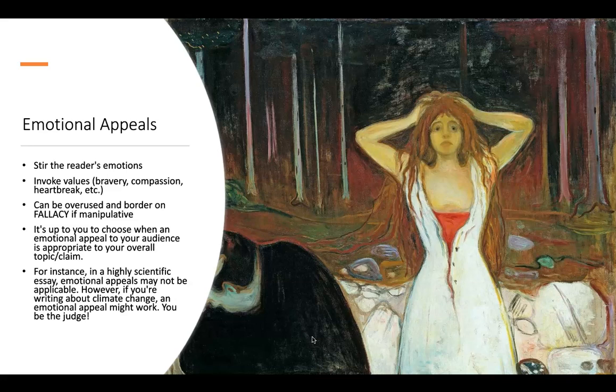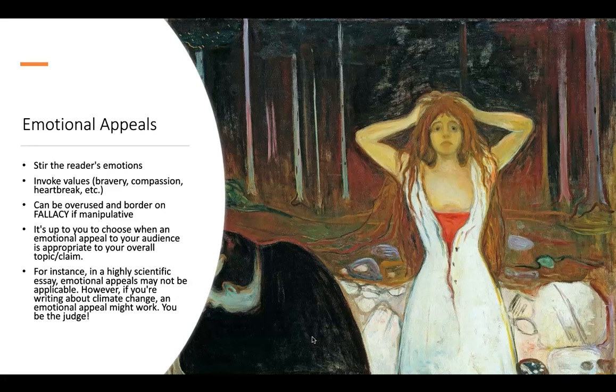But keep in mind, when you're trying to appeal emotionally to your audience through your writing, emotional appeals can be overused, right, and border on fallacy or misuse if they're too manipulative. So think also to commercials, right, and advertising. Often they are trying to manipulate us into buying something or something like that.